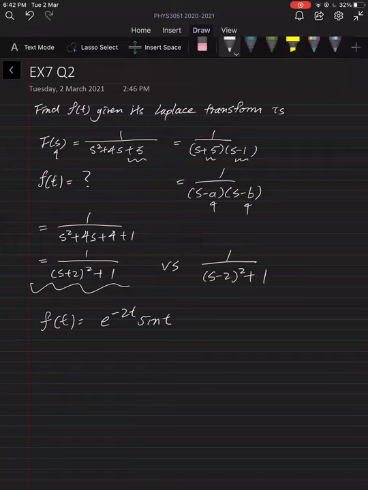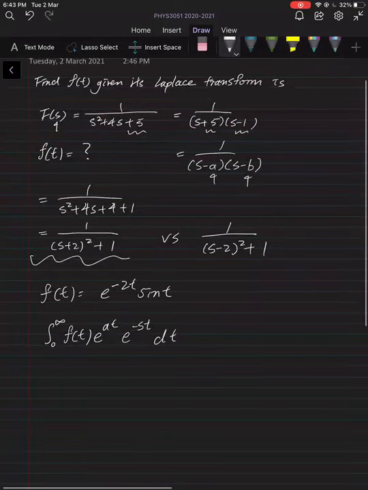The fact is that when you have some function f(t) multiplied by e to the at and you do the Laplace transform, then you can write it something like this.